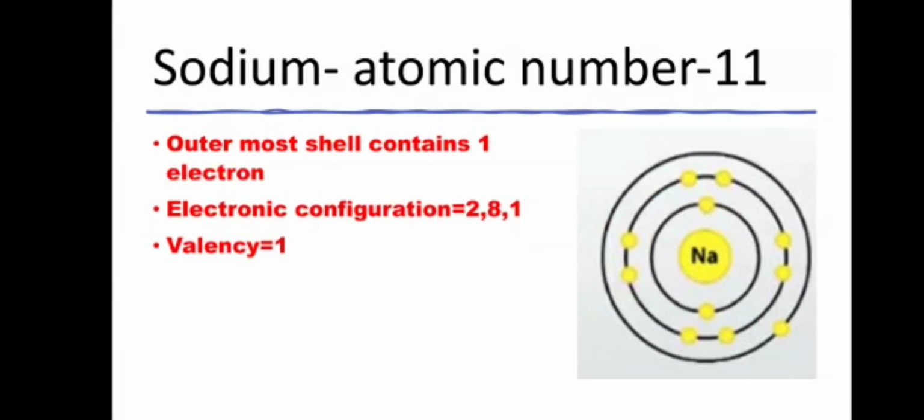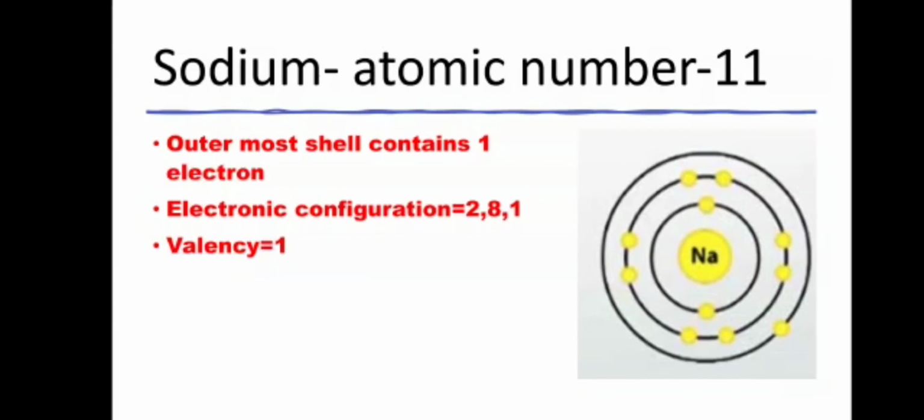Okay. Next we'll go to the next example, that is sodium. Sodium atomic number is 11. So you can see here the first shell, that is K shell, can accommodate 2 electrons. After that how many are left for 11? Yes, after giving 2, 9 electrons are left. 9 electrons cannot be accommodated in one shell.